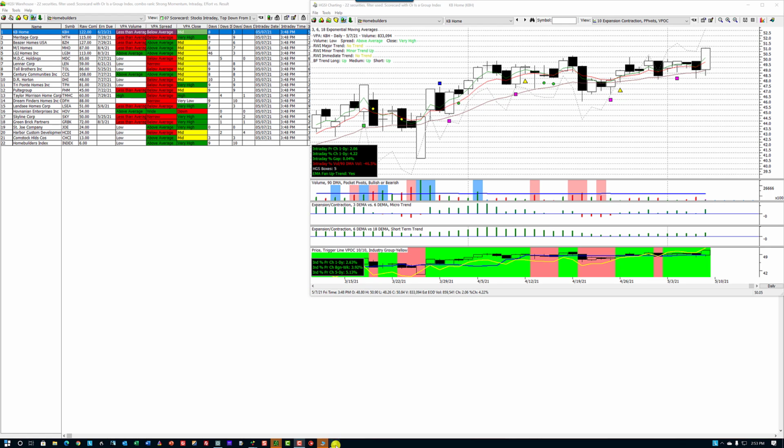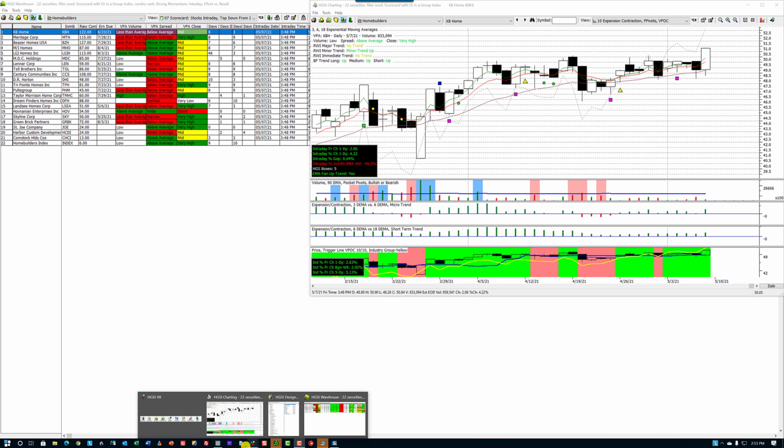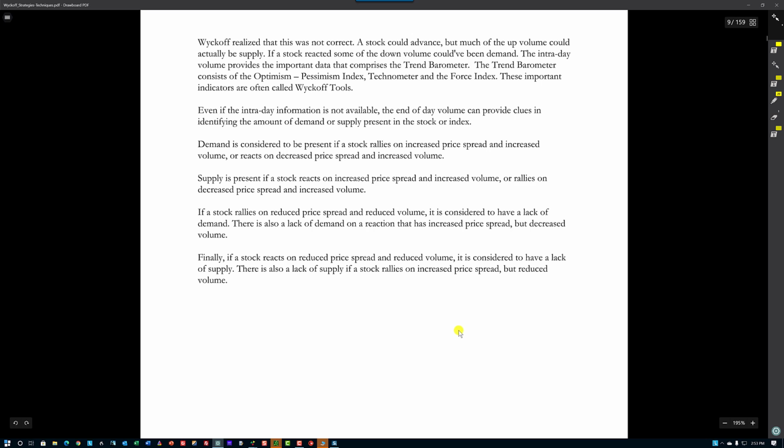Okay, now where did I get this information? Well, these rules are Wyckoff rules, and this is a book called Wyckoff Strategies, Techniques, and I looked at this information and applied it to HGSI.